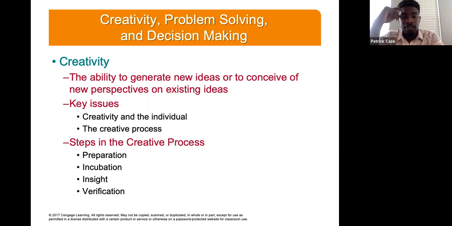Let me sit on it, right? You hear that term. Let me sit on it. Let me think about it, right? This is where the incubation comes in, where you really vet out all the aspects of your particular decision just to make sure that you look at it from every angle and you've covered all the potential risk that could be involved with this particular decision, right?